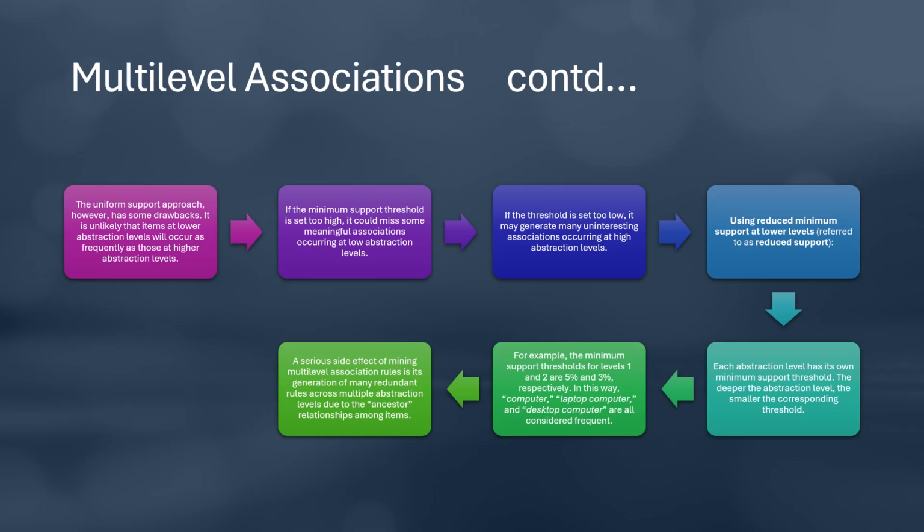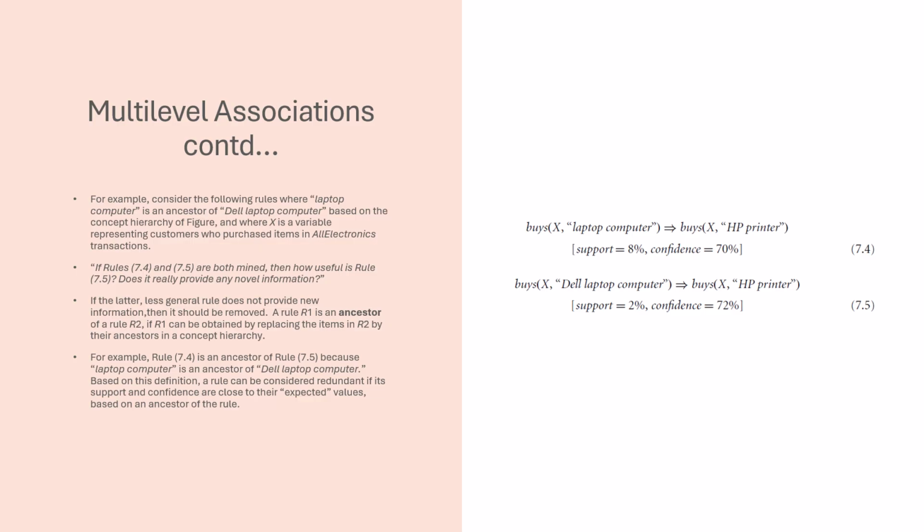A serious side effect of mining multi-level association rules is its generation of many redundant rules across multiple abstraction levels due to the ancestor relationship among items. For example, consider the following rules, where laptop computer is an ancestor of Dell laptop computer based on the concept hierarchy, and where X is a variable representing consumers who purchased items in the electronic shop transactions.